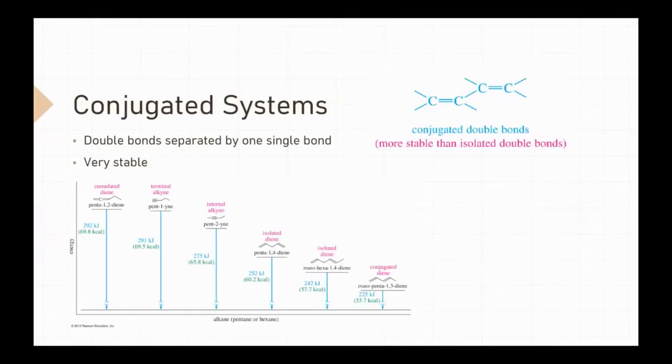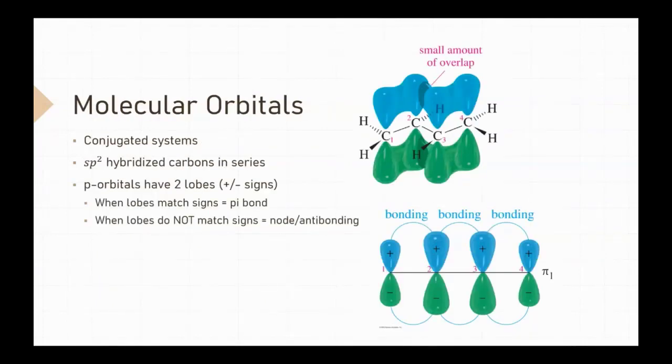Right. So remember, conjugated systems are just double bonds separated by a single bond. They're very stable, right? Because you have that resonance keeping them stable. And then you have your molecular orbitals here. Now, these conjugated systems are sp2 hybridized, meaning they have p orbitals that keep them stable. Remember, those p orbitals have two lobes, one on top, one on bottom, like shown over here.